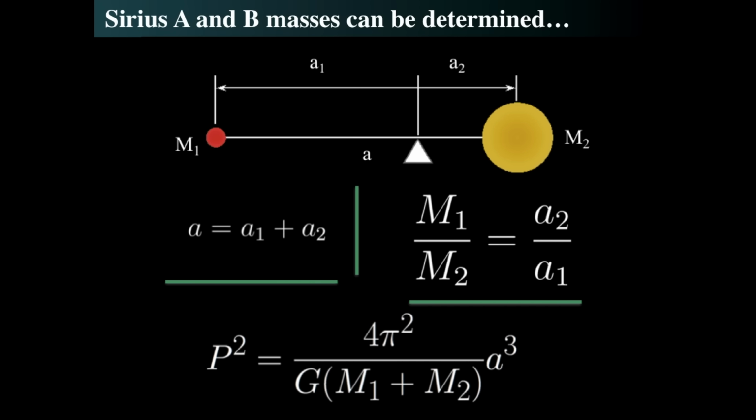So we combine these two definitions of the speed that we saw in the previous slide with the distance ratio and the mass ratio to balance them, and then we plug them into Newton's version of Kepler's third law, which we have at the bottom, where p squared equals 4 pi squared, which is just some number, divided by G, which is Newton's gravitational constant, times the sum of the masses, and all of that ratio is multiplied by the average distance, a cubed.